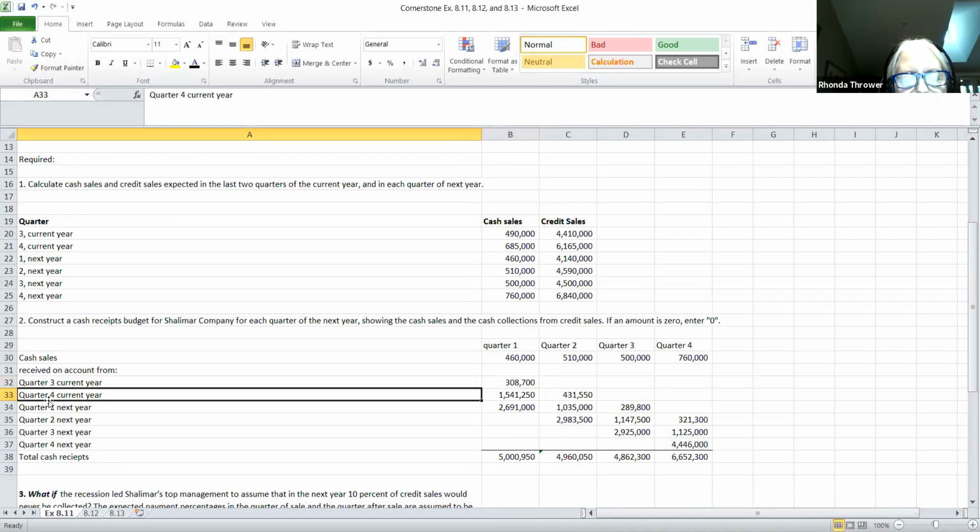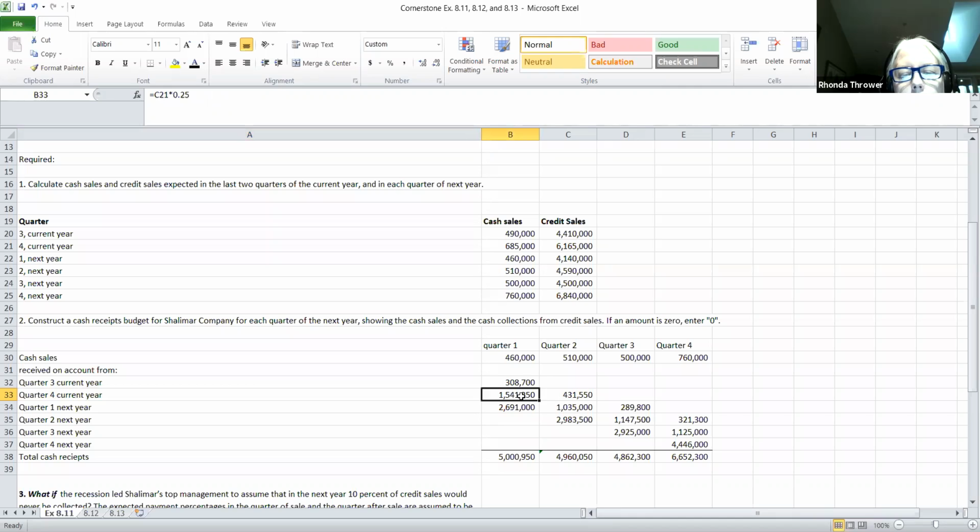So on the next one, quarter four of the current year, in quarter four, we would collect 65%. In quarter one, we will collect 25% of the credit sales. So right here, this is 25% of the credit sales for quarter four of the current year.